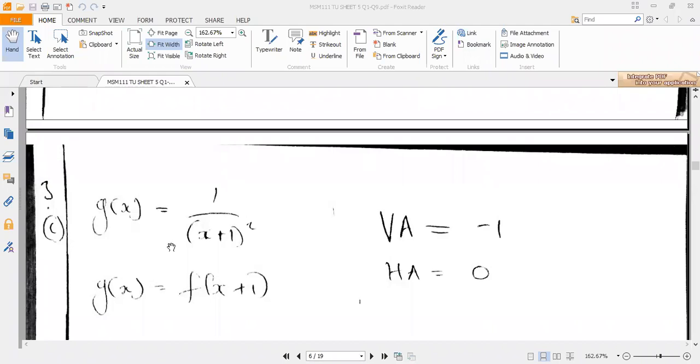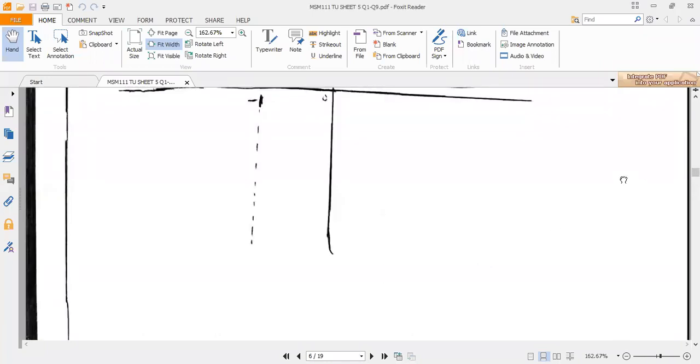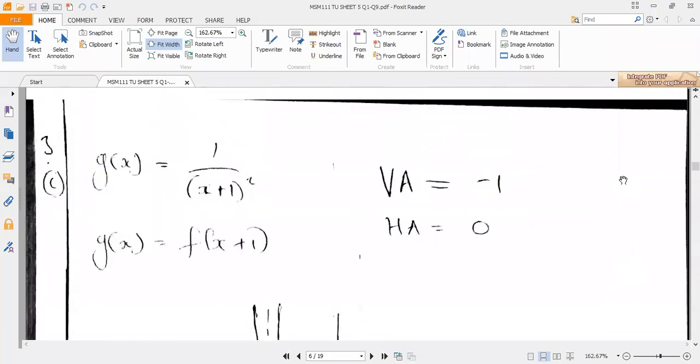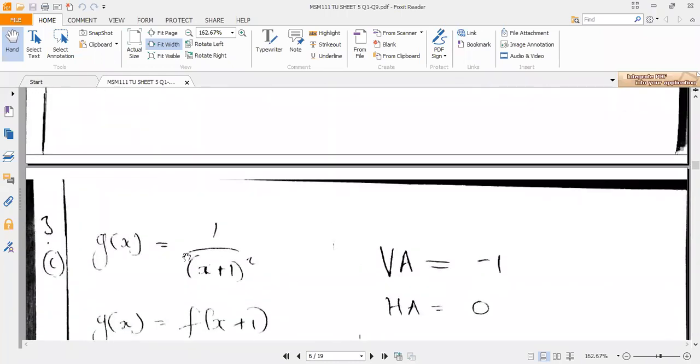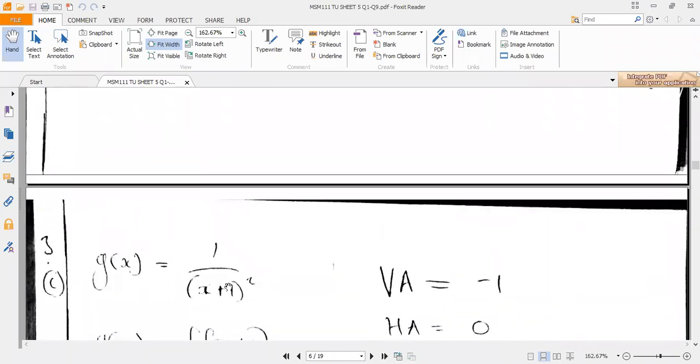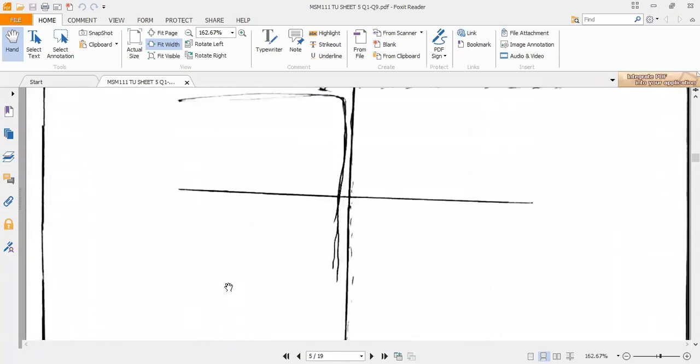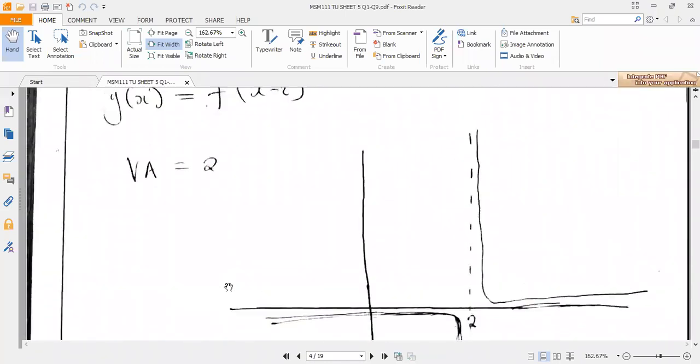So now we go to this one here. Question 3C. Now, you notice that this function g of x is 1 over x squared, right? We're using the transformation of this function here, x squared.